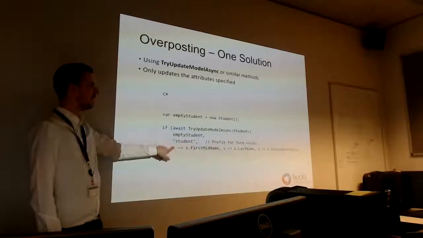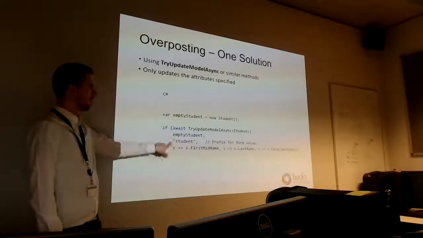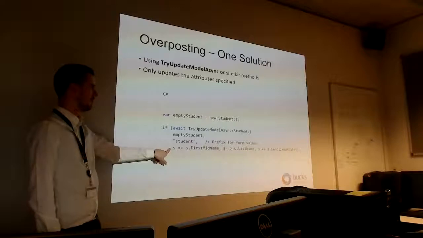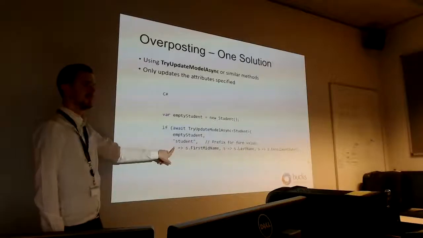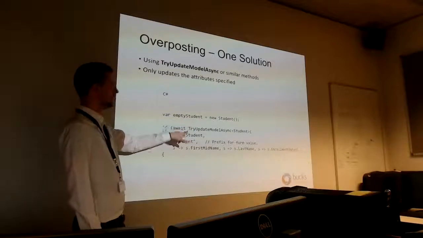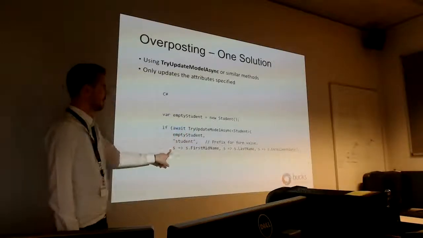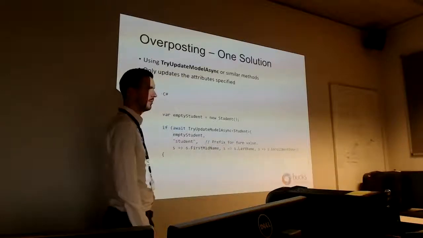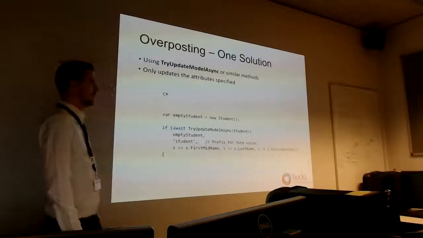Using this method, it would be impossible to update an isAdmin attribute, for example, because it just isn't executing. It's saying, go and try and update the model for the student entity with these values: first name, last name, and so on.